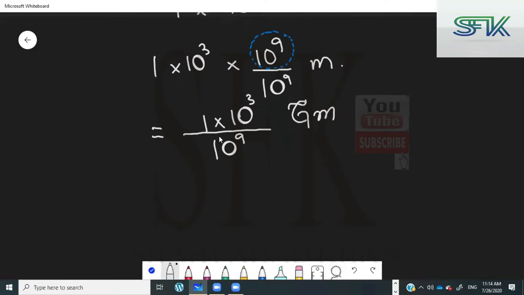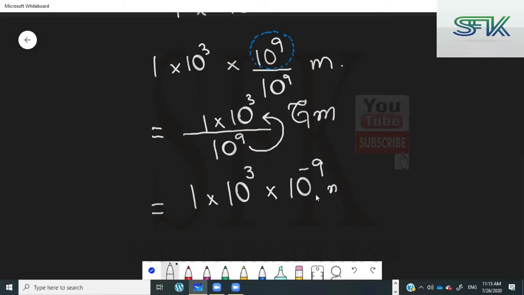Now, what I can do is move the denominator into the numerator. Whenever we move a denominator to the numerator, the power becomes negative. So the initial power was 10 cube, but now if I move it to the numerator, it's gonna become 10 raised to the power of minus 9 gigameters.